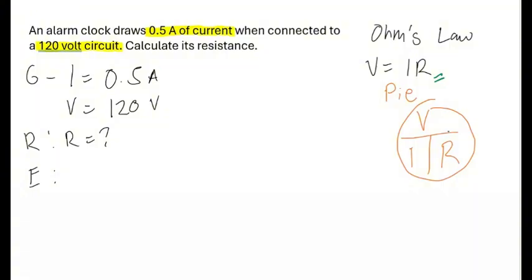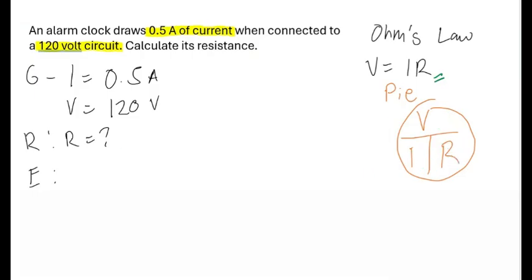The voltage is given and the current is given, but we don't have the resistance yet. So what we are going to do is divide the given voltage by the given current.